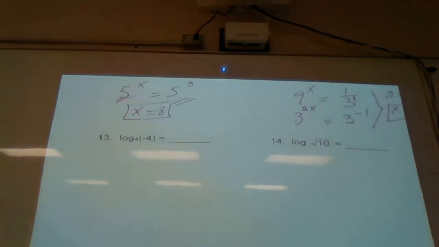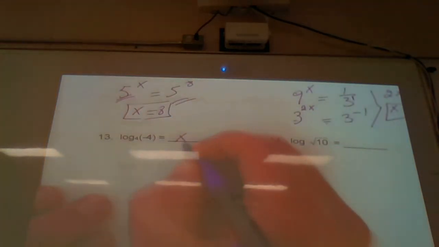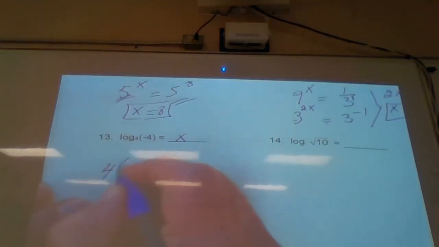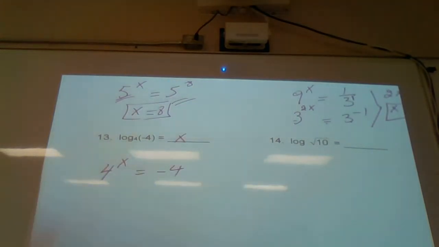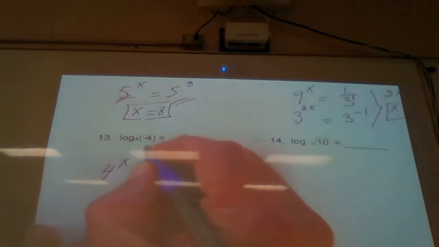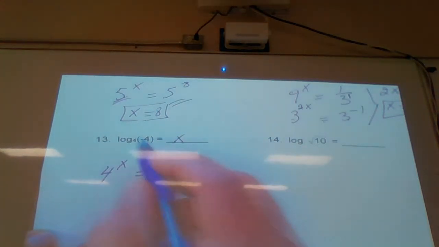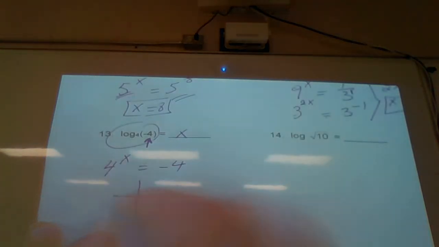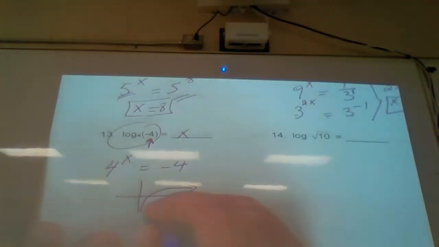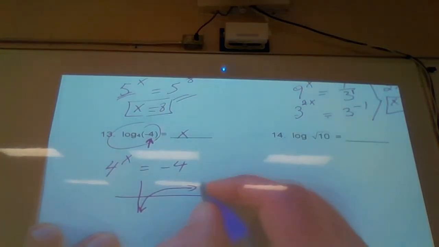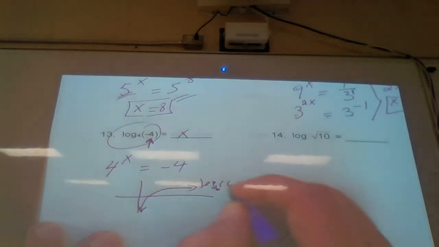On the bottom, we have log base 4. Let's say we'll do the same steps. 4 to the x is equal to -4. Okay, so I can't really do this. I cannot take the log of a negative number. Here's the parent, log base b of x.